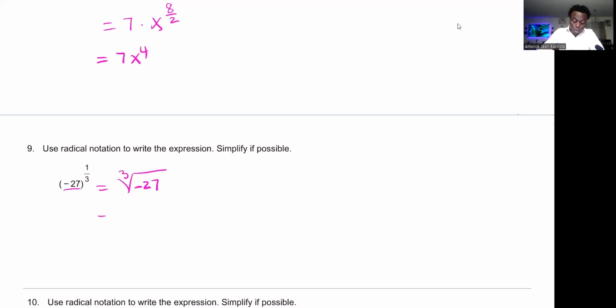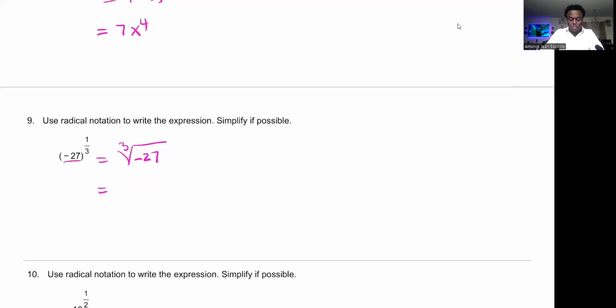And you also know that, the index being odd, I am allowed to move the negative sign out and then have 27 as the radical that I need to solve.